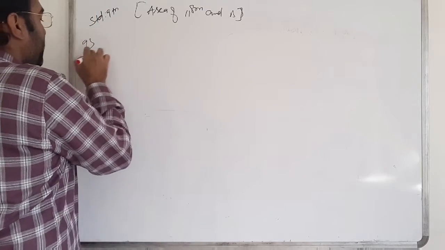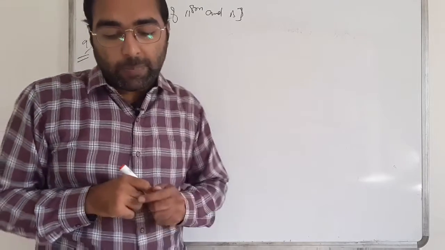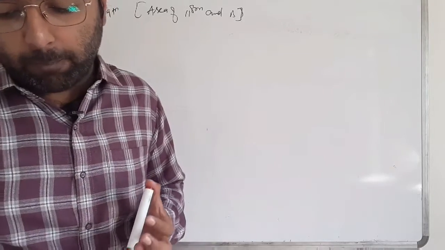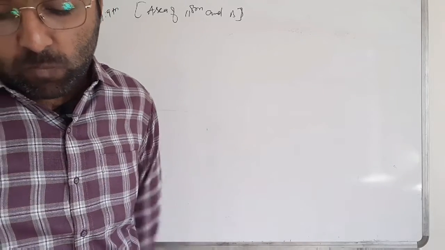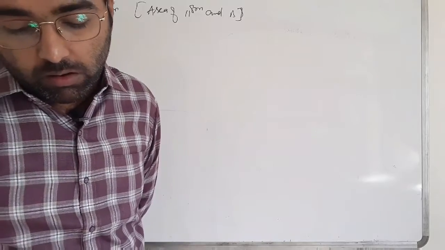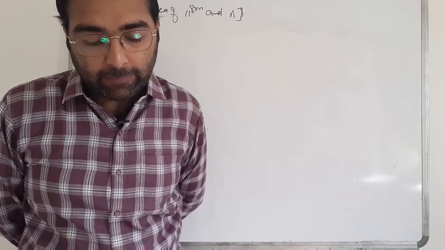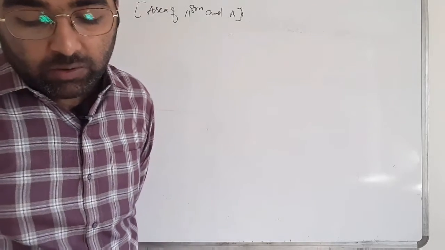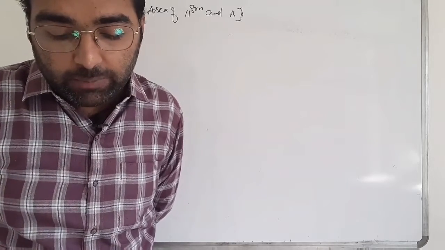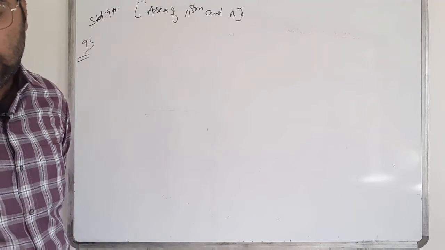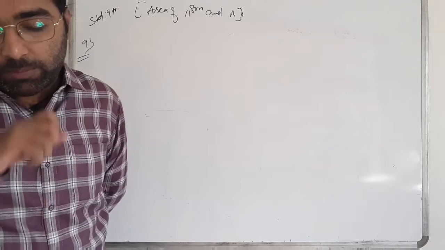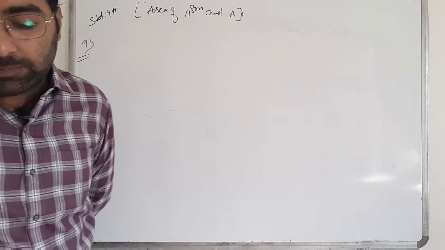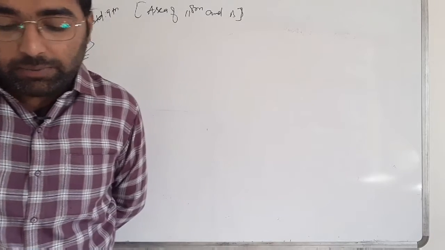From exercise 9.3, the question says that the side AB of parallelogram ABCD is produced to any point P. A line through A and parallel to CP meets CB produced at Q, then parallelogram PBQR is completed.